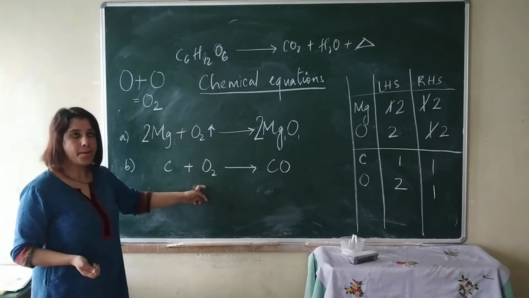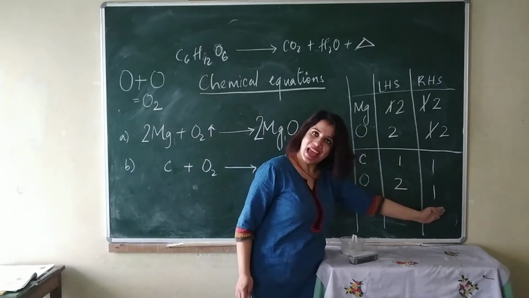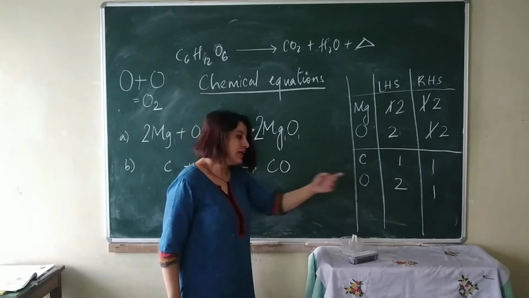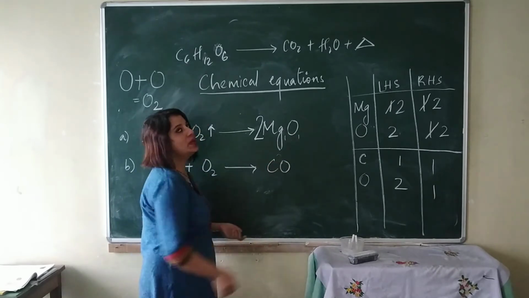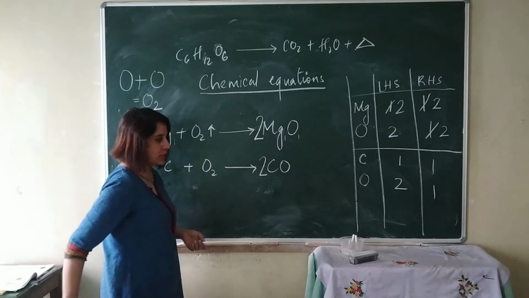Oxygen is not balanced. Which side is less? The right hand side. What is less? Oxygen is less. But this is a compound. I cannot write 2 in the middle, so I have to write it in the front.